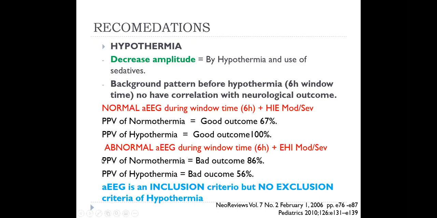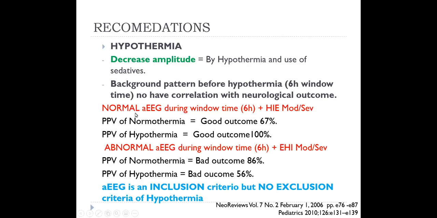If you make hypothermia with abnormal aEEG during window time, bad outcome decreases to 56%. Okay, what this means, aEEG is an inclusion criteria, but not an exclusion criteria of hypothermia.